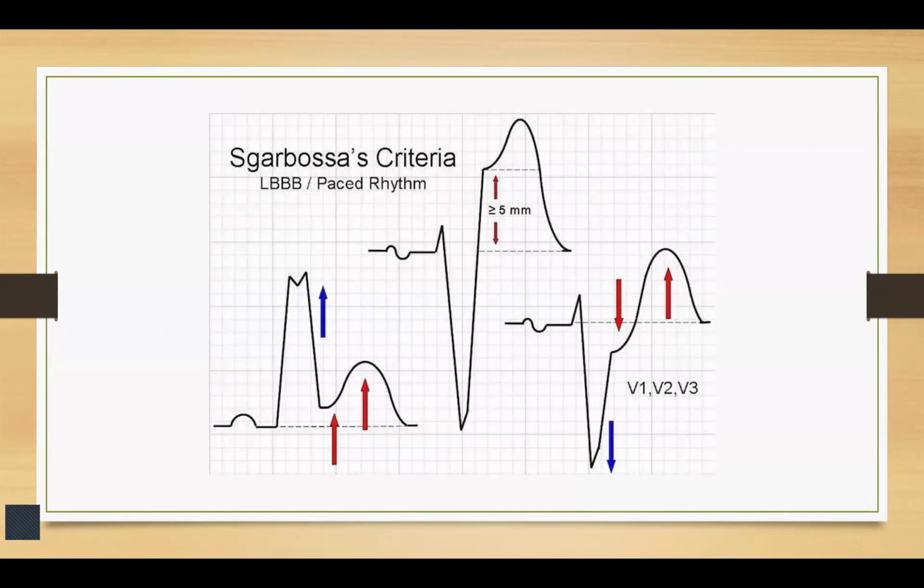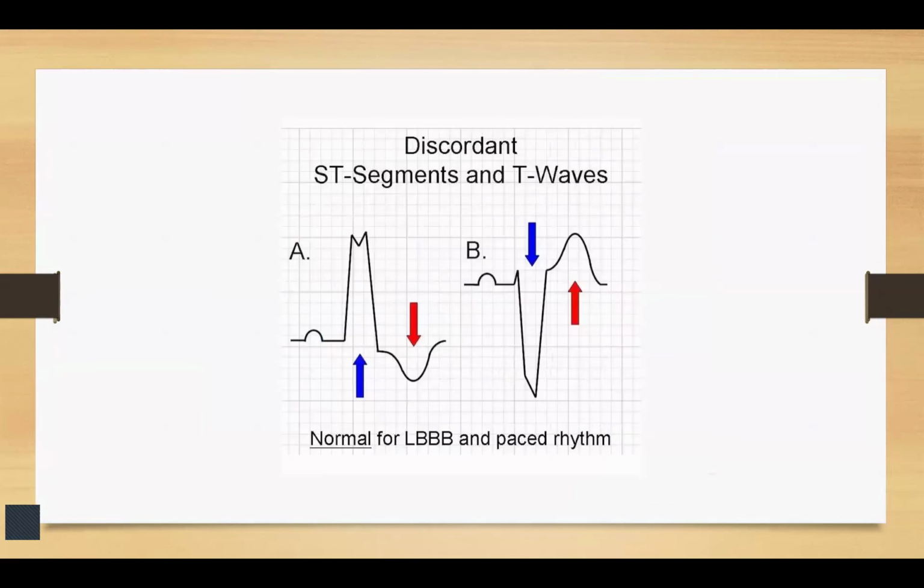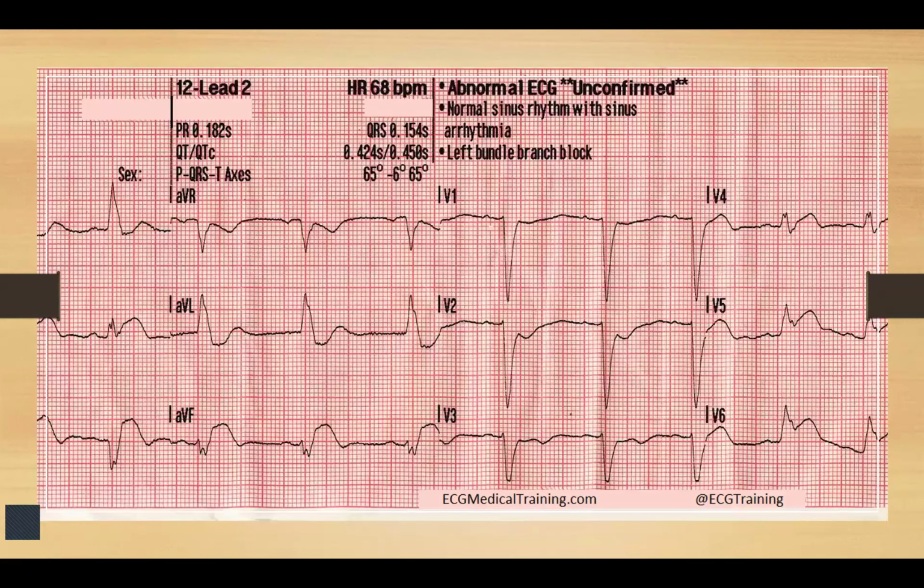And then in our predominantly upward QRS, we want ST elevation. We want to be able to see that. And where do we see that? We can actually see that in lead 2, and we can also see it in AVL and a little bit in 1.